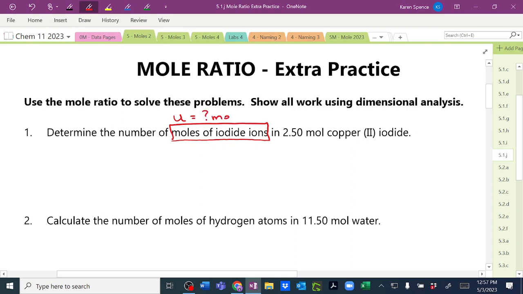How many moles of iodide, I minus ions, are in, and our initial quantity is 2.50 moles of copper 2 iodide.